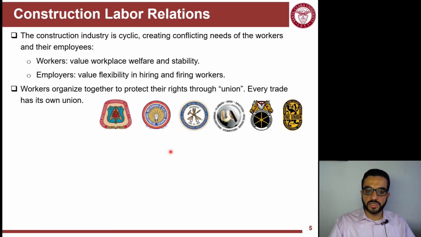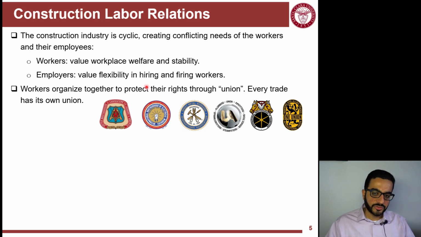As in any business, there is the idea of workers being unionized or not. In construction, it is one of the early fields that witnessed unionization from early days. So the first union here was the carpenters, and then a lot of unions followed that.